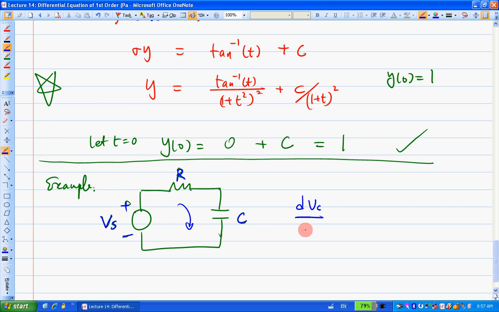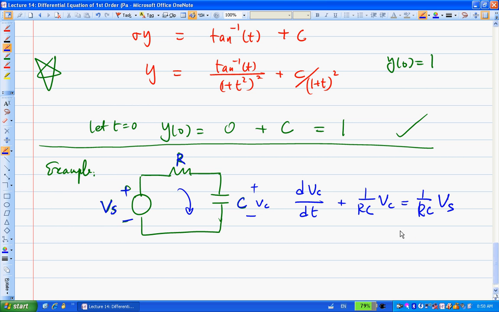What we're looking for is the output voltage across the capacitor. The governing equation for this output voltage across the capacitor is this one. You use KCL, and you'll end up at this differential equation.